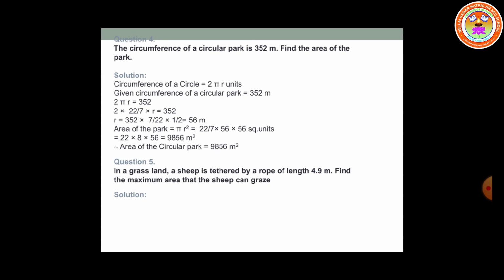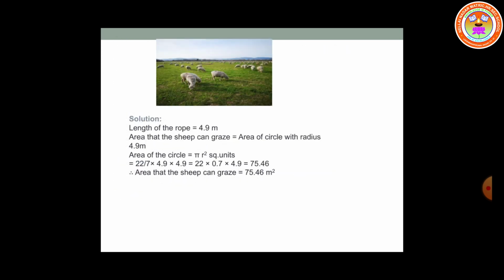The length of the rope is equal to 4.9 meter. That is called the radius of the circle. Then what do we find? We are going to find the area of the circle. Area of the circle is equal to pi r square units.